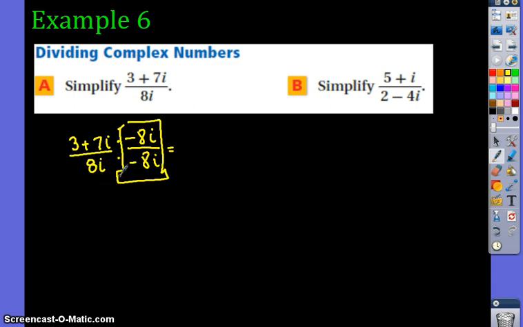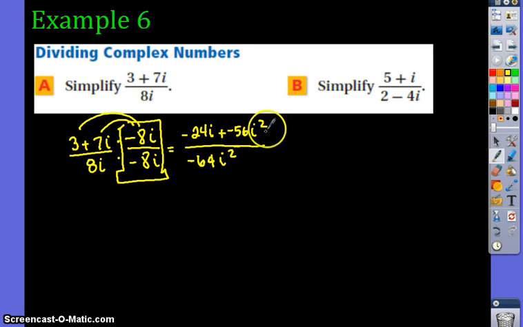So now we use the lesson that we learned in the previous example. This is going to be a negative 8 times a positive 8, which would be a negative 64i squared. And then in the numerator, we need to do some distribution. We would have a negative 24i, and then a negative 56i squared. Okay, so we need a little bit of cleaning up to do.